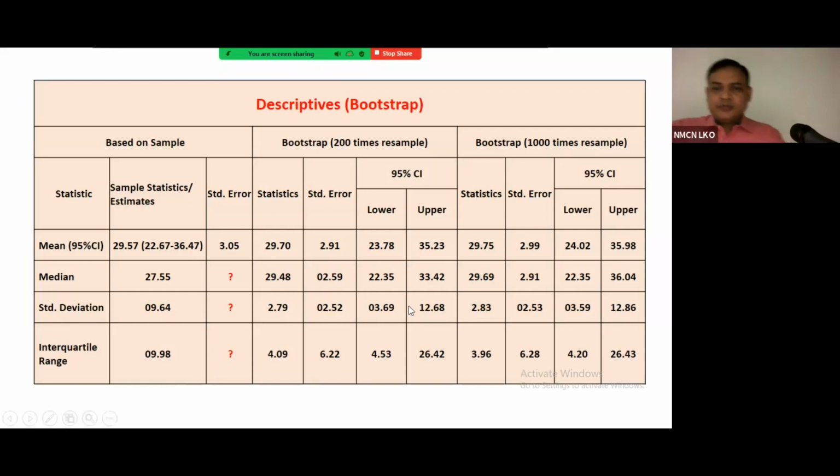Now, from these generated bootstrap statistics, we can estimate the standard error and confidence interval for statistics which we are not able to estimate through the usual method, like the median, standard deviation, or interquartile range.